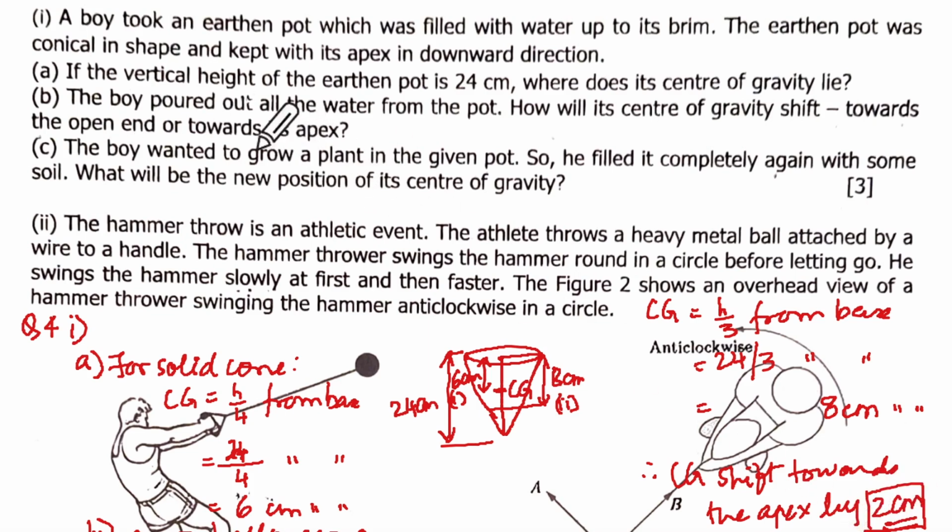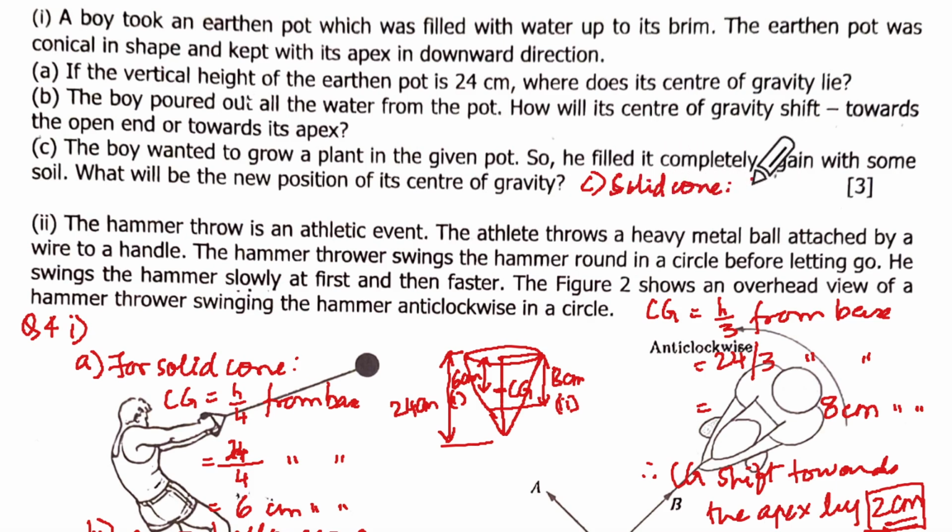Now the C part, the boy wanted to grow a plant, so he filled it completely again. So now this is your B part. Now C part I don't have space, so I'm just writing here. He fills completely. So what will be the new position of the center of gravity? It will be solid cone again, correct? Yes.